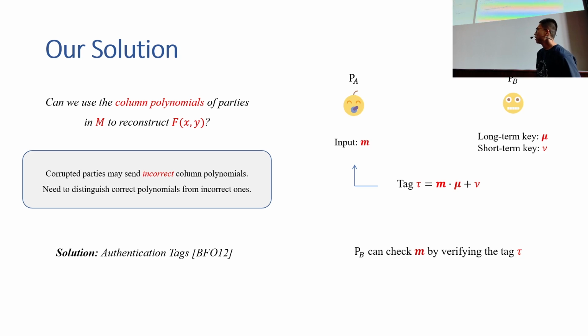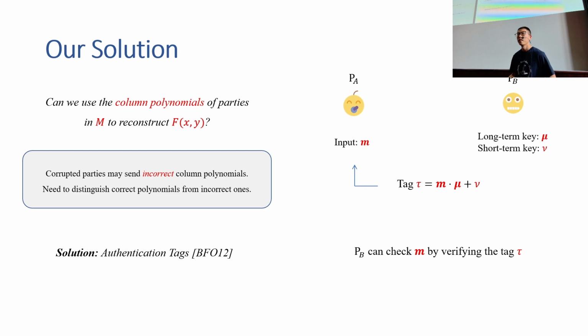So we will use the authentication tag introduced by Ben-Sasson, Fehr, and Ostrovsky, where this technique is actually used to build linear communication MPC in the synchronous setting. The idea is that for two parties, PA and PB, if PA wants to authenticate his message M, PB will first choose two authentication keys. The first one is a long-term key, mu, which has the same length as the message.